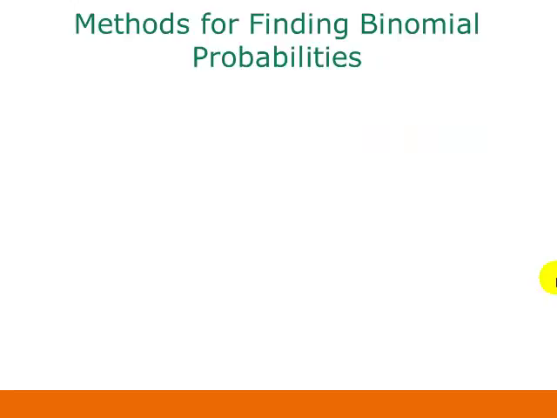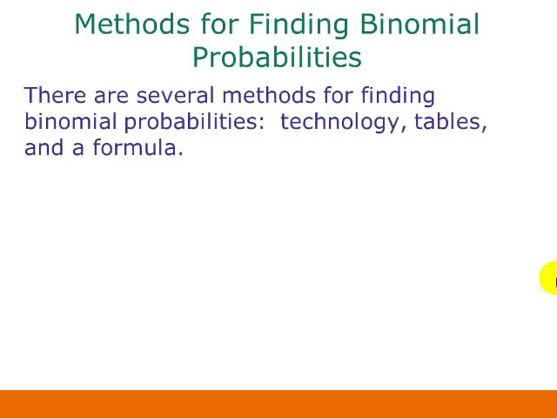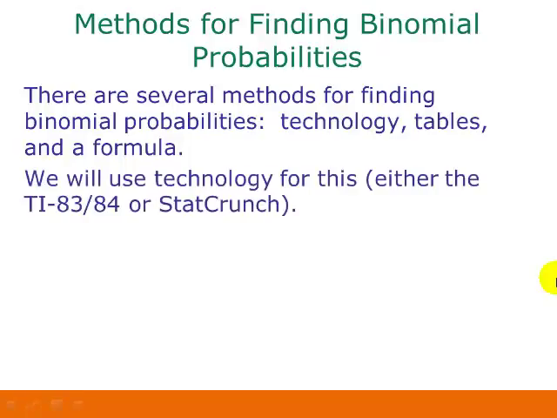And we've got several methods for finding binomial probabilities. We can use technology, we can use tables, and there is a formula for this also. What we're going to do in this class is use technology, either your TI 83 or 84 calculator or StatCrunch.